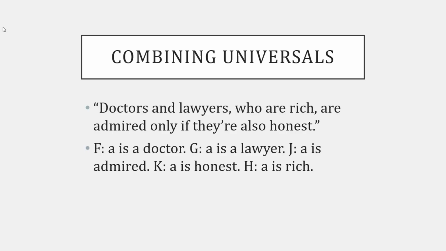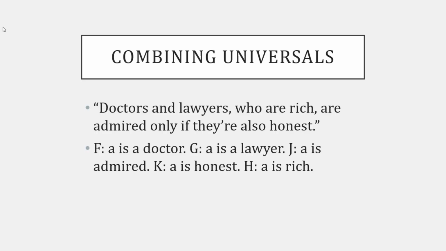But here we are. OK, so here's the sentence: Doctors and lawyers who are rich are admired only if they're also honest. And there's the symbolization scheme. Recall from last time, a little bit of review: this is a relative clause. The "who are rich" is a relative clause, right?